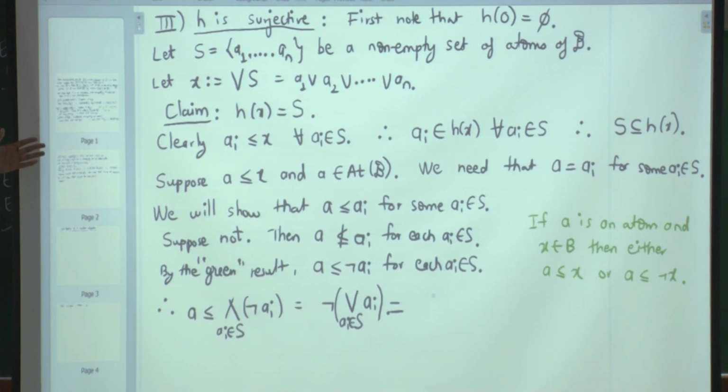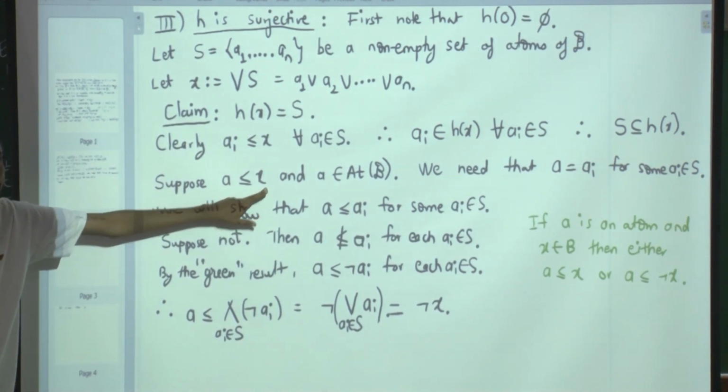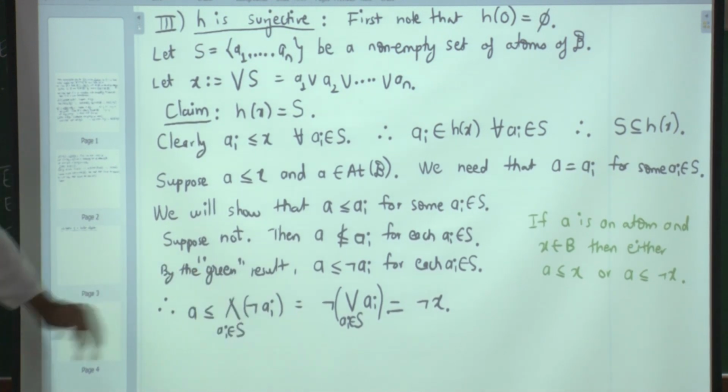We started with x. So what did we obtain? A is less equal negation x. Originally we said that suppose A is less equal x, and now we concluded that A is less equal negation x.